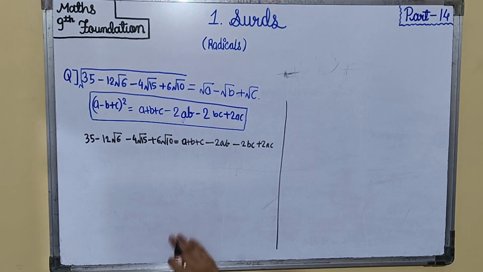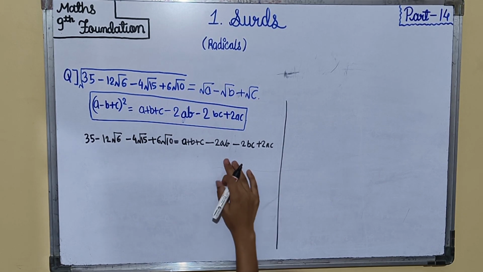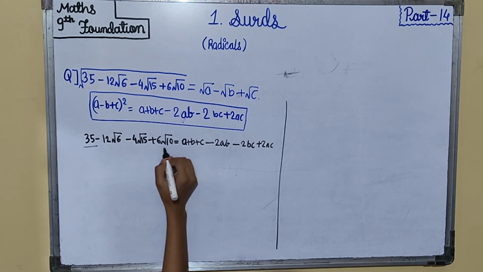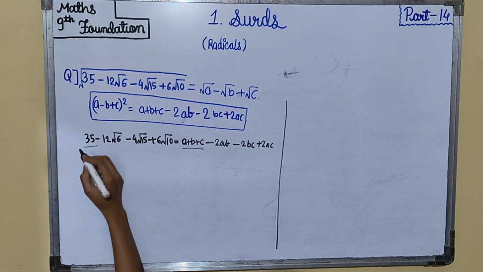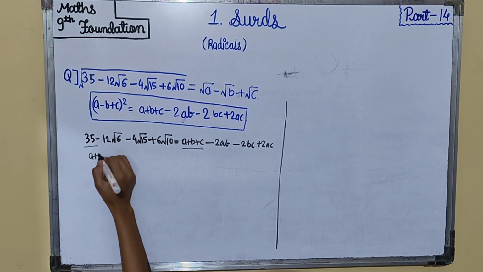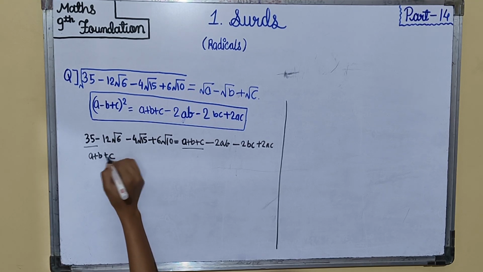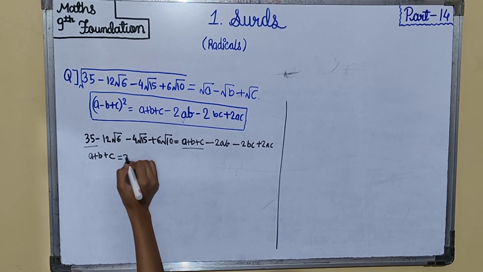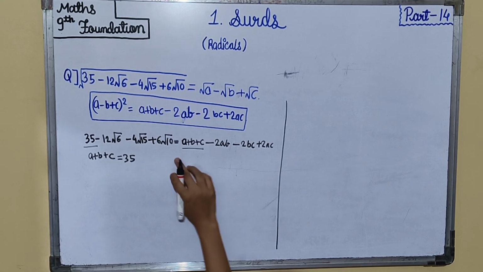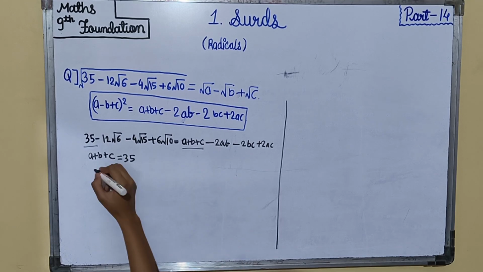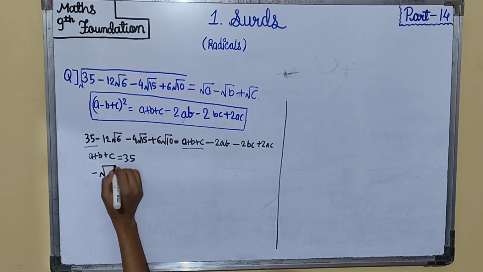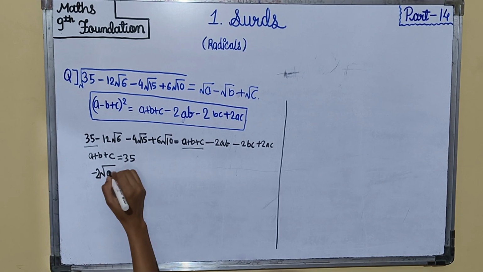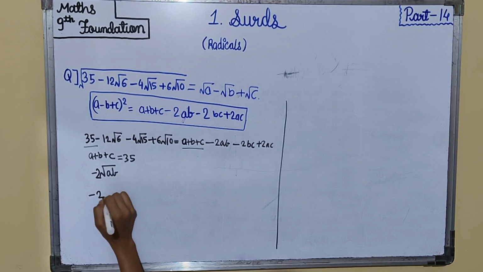From now onwards this is easy to simplify. Now a plus b plus c are rational, so we'll write them together: a plus b plus c is equal to 35. The others are irrational, so we'll write them accordingly.